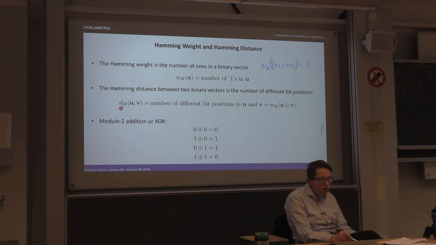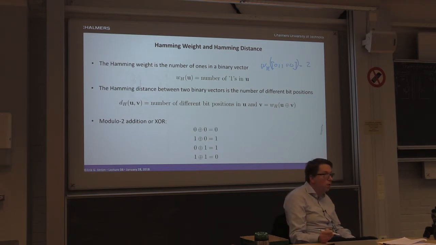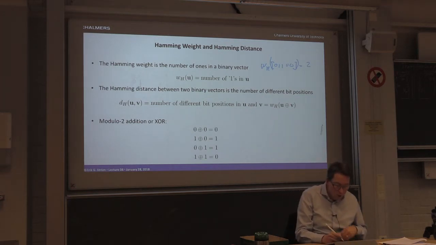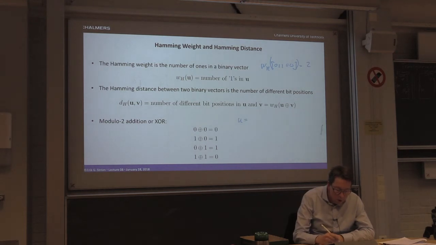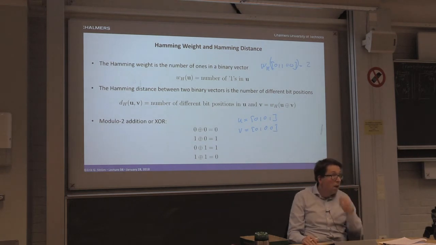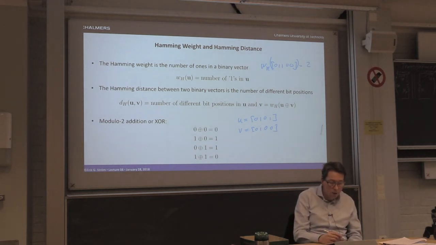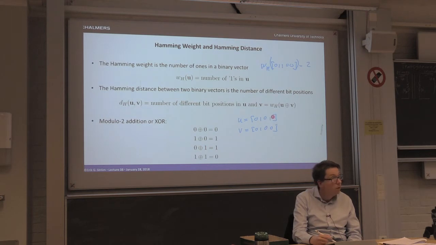So the Hamming distance between U and V is the number of positions in U and V where they differ, which is equal to the weight of U plus V. For instance, if U is 0, 1, 0, 1 and V is equal to 0, 1, 0, 0, what is the Hamming distance between these 2 vectors? Well, the first position is the same, second position is the same, third is the same, but they differ in the fourth.